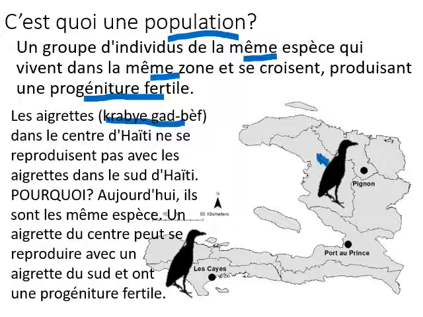Here's a population in central Haiti, and a population in southern Haiti. They are the same species. An egret from central Haiti can breed with an egret from the south and have fertile offspring.